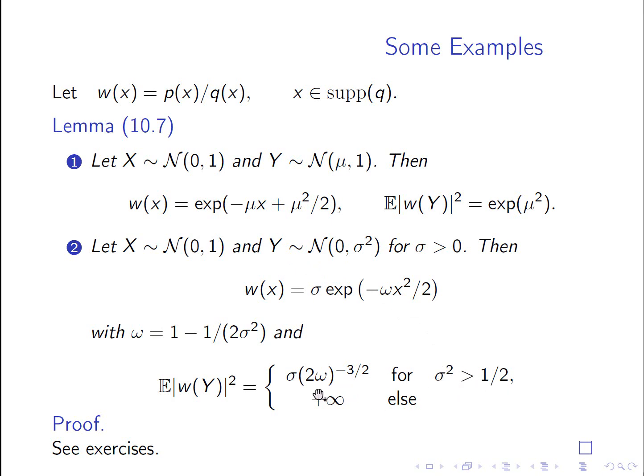If you make the variance too small, then the second moment of the correction factor may not exist, and this might have really bad consequences for the variance of the importance sampling estimators. And if sigma squared is large enough, we are getting this factor. This may be a bit surprising, but it is as it is, and the proof of this we will do in the exercises.